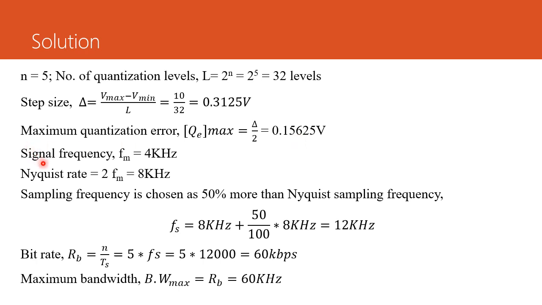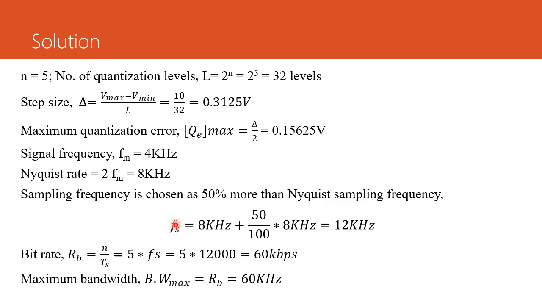In the question, it is given that the signal frequency is Fm equal to 4 kilohertz. Then the Nyquist rate is equal to 2 times Fm, that is 2 into 4 kilohertz. So the Nyquist rate is equal to 8 kilohertz. It is given that the sampling frequency is chosen as 50% more than the Nyquist sampling frequency.